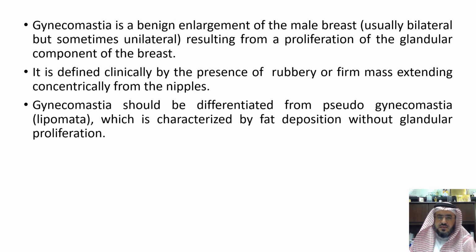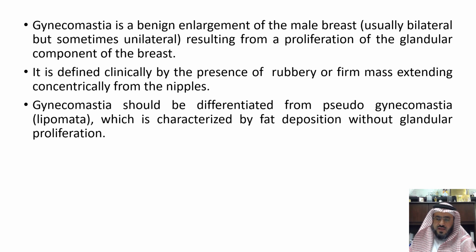Gynecomastia is a benign enlargement of the male breast, usually bilateral but sometimes unilateral, resulting from proliferation of the glandular component of the breast. During examination, you have to feel the breast tissue. Is it real breast tissue or fat tissue? Because obese patients have fat accumulation in breast tissue.